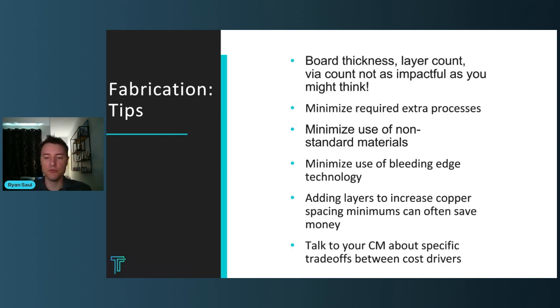If you are going to try to get away with sub 2 mil copper minimums, yeah, that is achievable these days. It is something that is possible, but it is not something that's recommended. Any copper spacing beneath 5 mil is going to start impacting cost, of course, depending on your copper weight. Anything below 3 mil is going to dramatically balloon your cost.